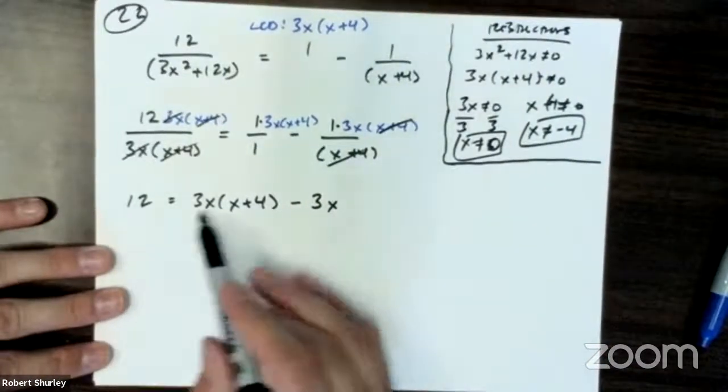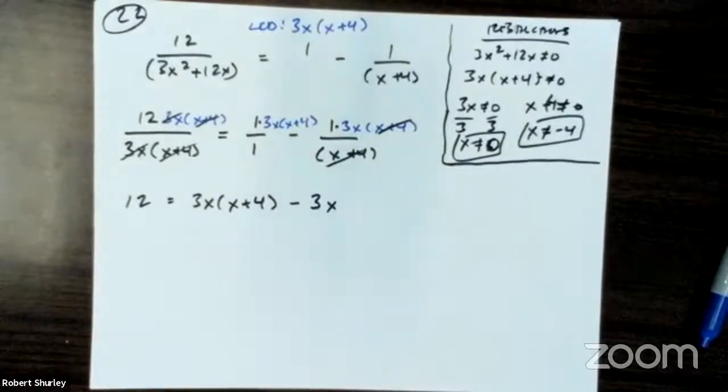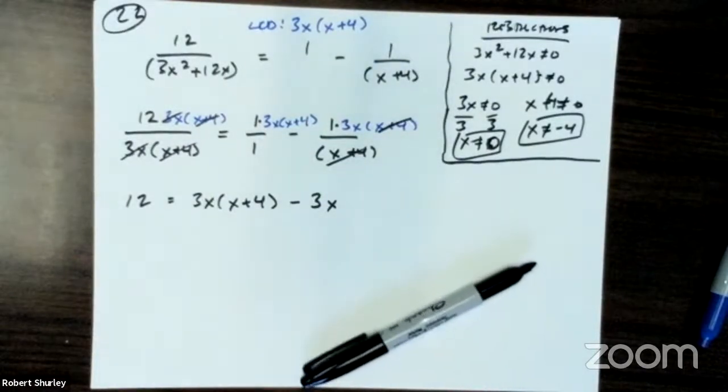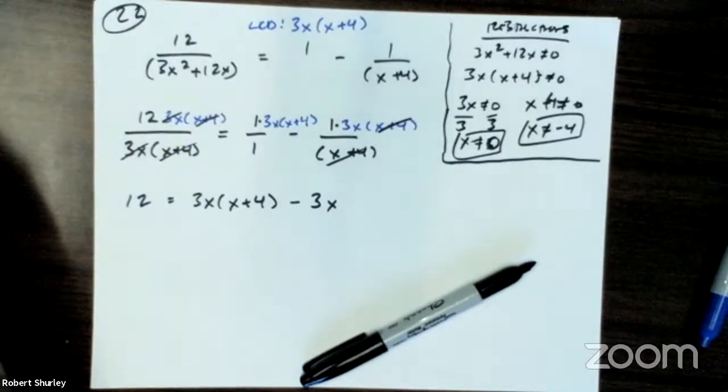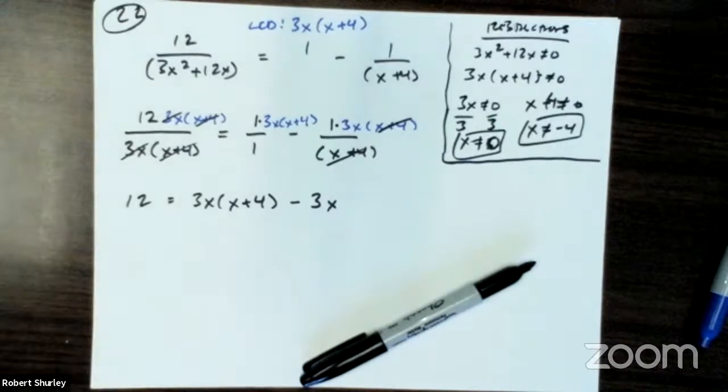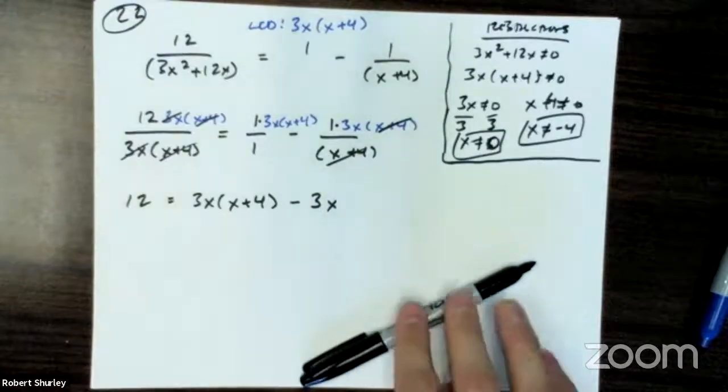Okay, so now we've made it into something that we can solve. That's definitely more manageable. I think it's 5.7. Yeah, 5.7. It turns into a 5.7 question where you're just solving polynomial equations.